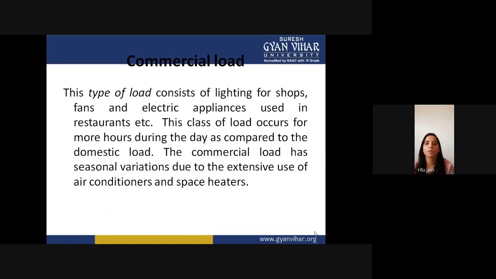This load is mostly used in restaurants and companies, for example some institutions where working hours are from 9 to 5. They use fans, ACs, and other loads in the daytime. So this type of load comes into the category of commercial load.